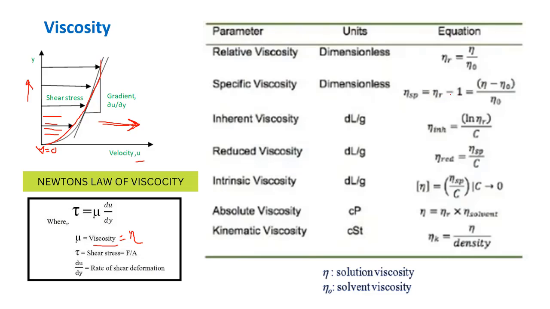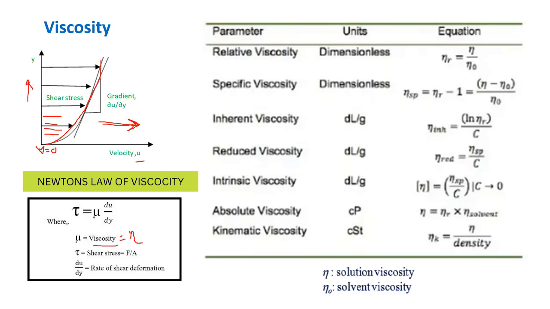Then inherent viscosity is the log of relative viscosity divided by the concentration C. Then reduced viscosity is the specific viscosity divided by C. Then intrinsic viscosity is similar to the reduced viscosity, but for intrinsic the C tends to 0.